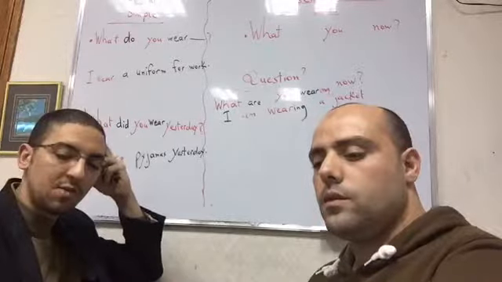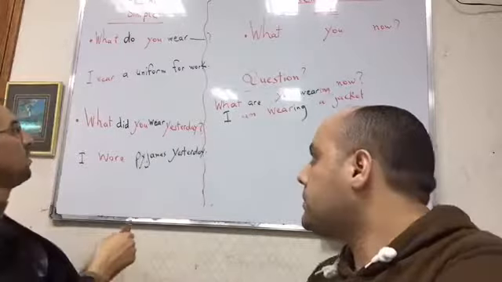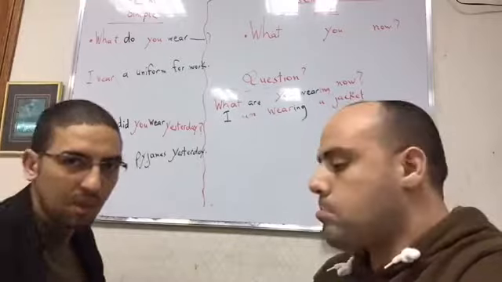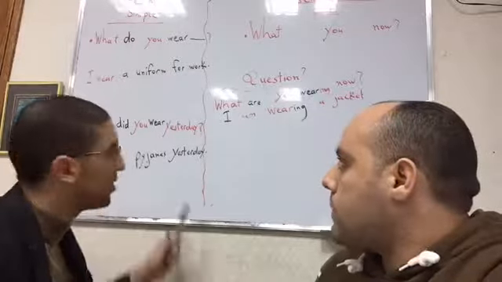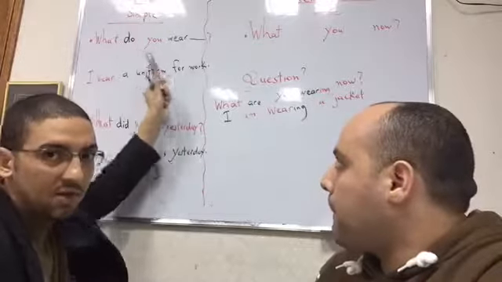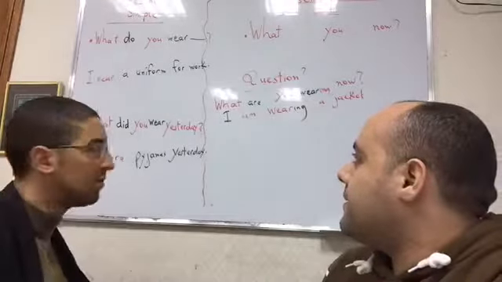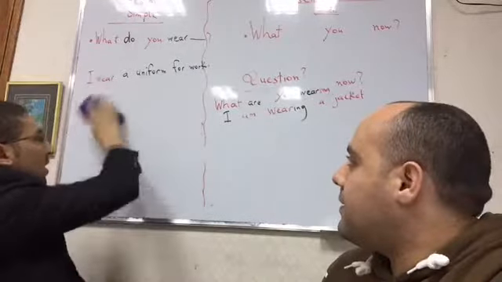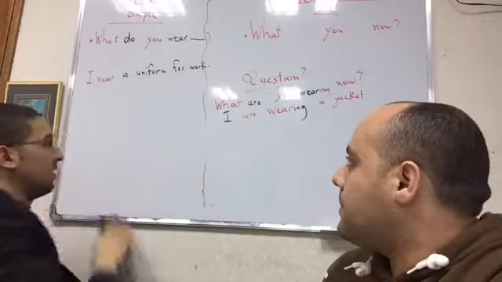Now, let's make the difference clear to clear the confusion about these two tenses, especially the present simple and the present continuous, because some people confuse them. We're going to ask these two questions here.